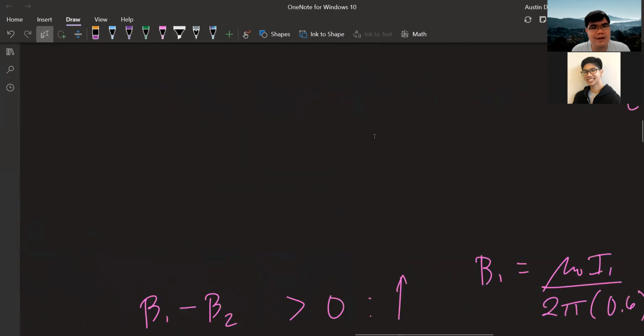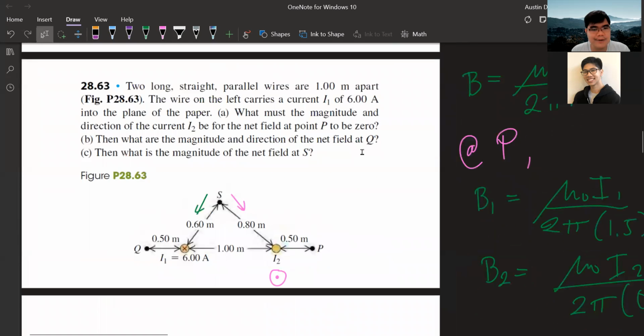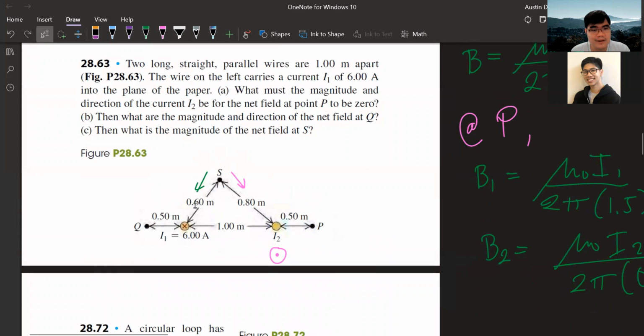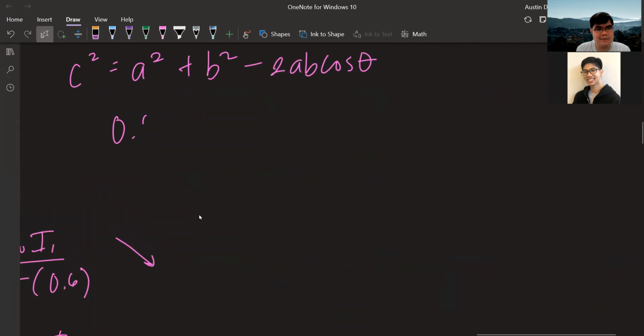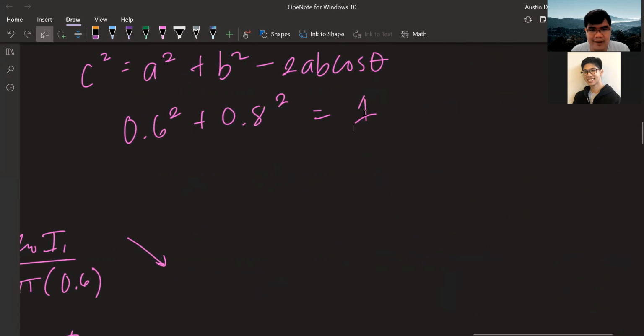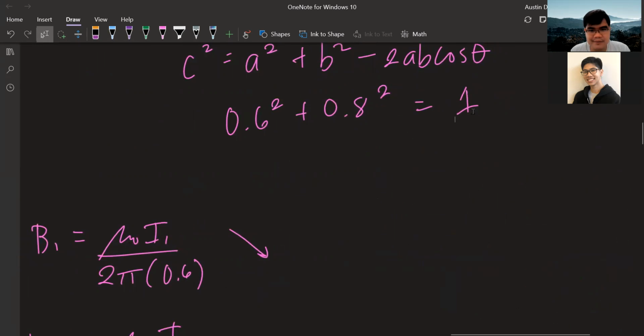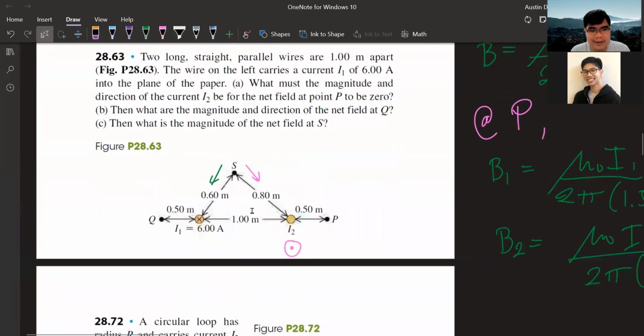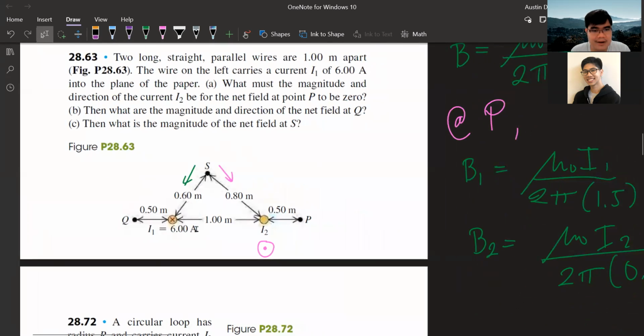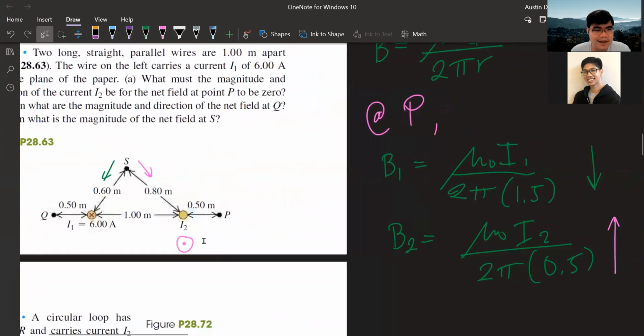But you can always brute force things. Let's first see the relationship between 0.6 and 0.8. Let's check by the Pythagorean theorem if it works. It comes out to 1. Nice. So the square root of this is the length of the other side, which is 1 also. This means 0.6 and 0.8 are at right angles with each other.